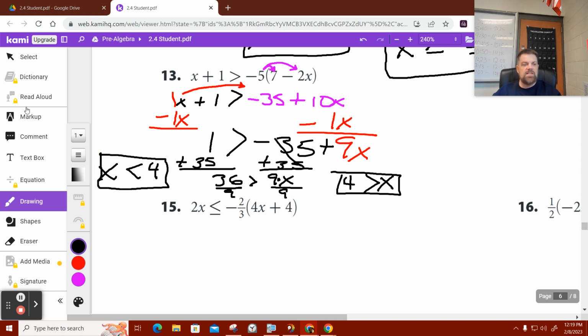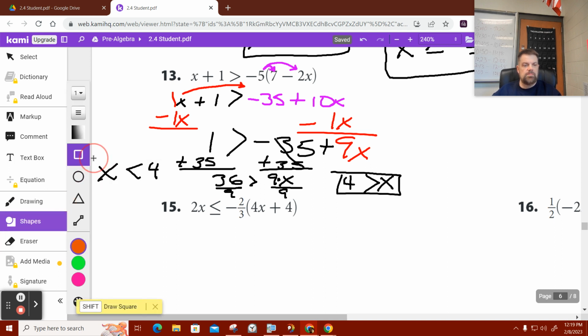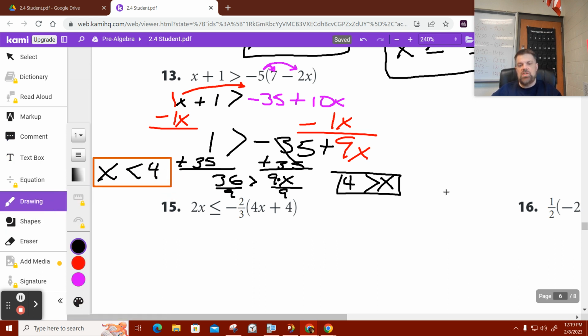Now, I've taught this a couple different ways. Essentially, you could say the alligator's opening its mouth on 4, or you could say it's pointing to the x. If you look over here, the alligator's opening its mouth on 4. Were you ever taught that?